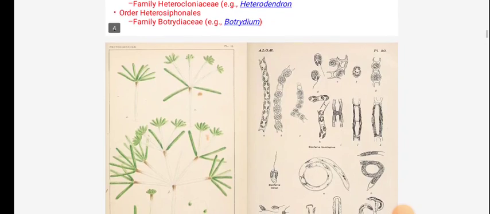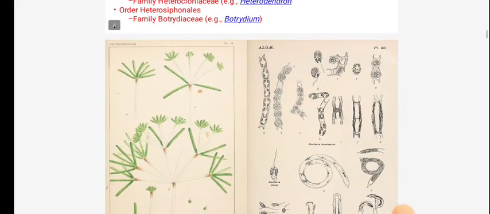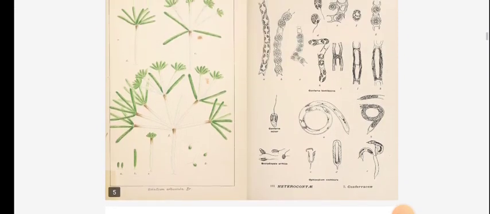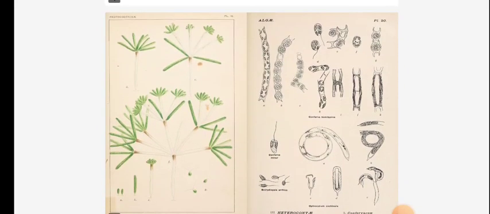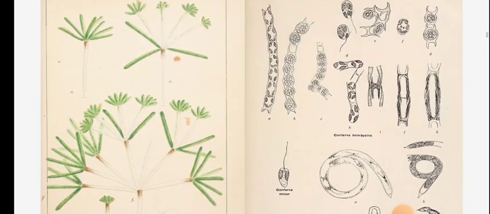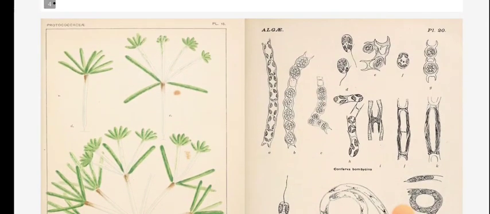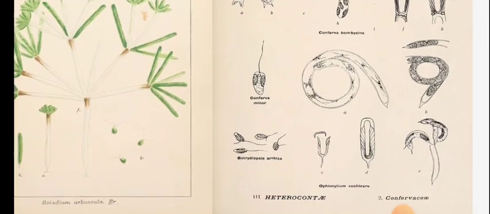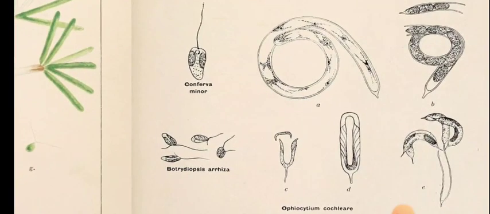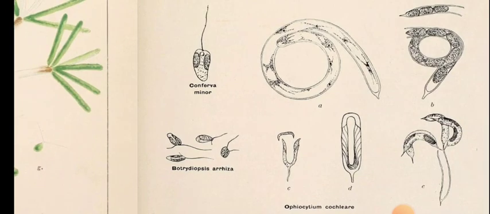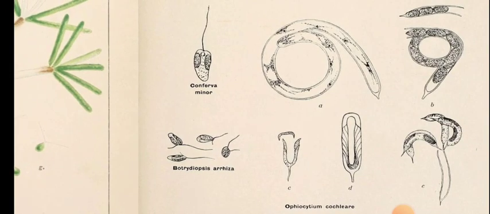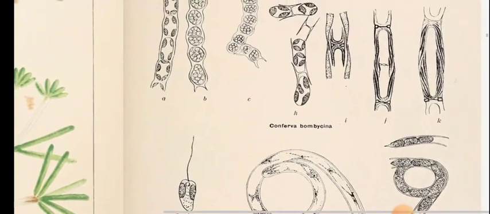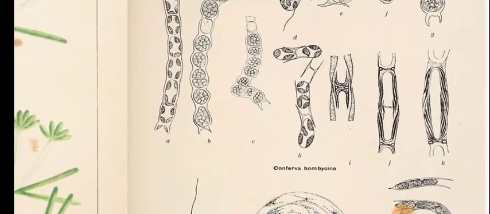Then Botrydium is, lastly, in the Botrydiaceae. Now we are observing the heterokonts and different examples of algae here. You just see this has Ophiocytium, then Botrydium, Conferva minor, which is unicellular, then Conferva bombycina.